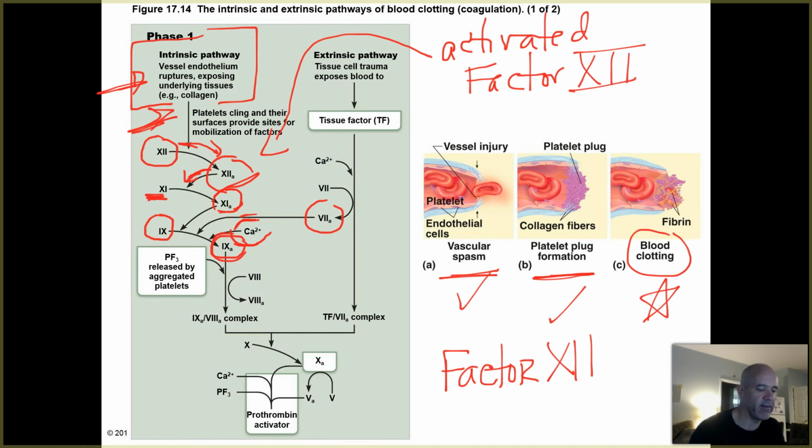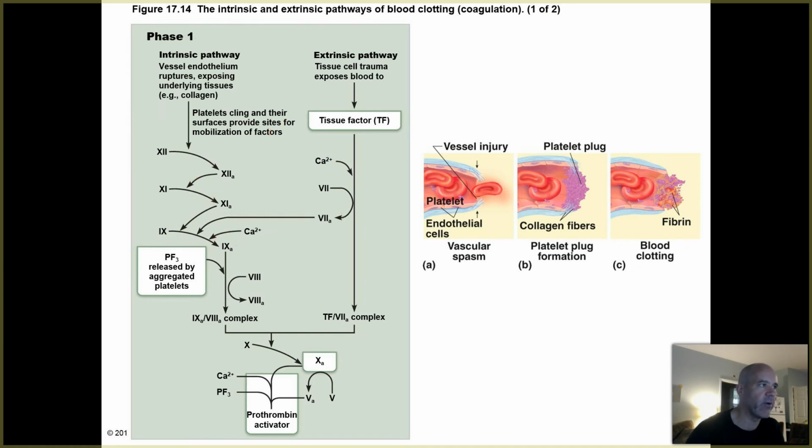Okay, so let me erase this because it's getting kind of messy, so you might need to pause if you're trying to write anything down before I erase it.